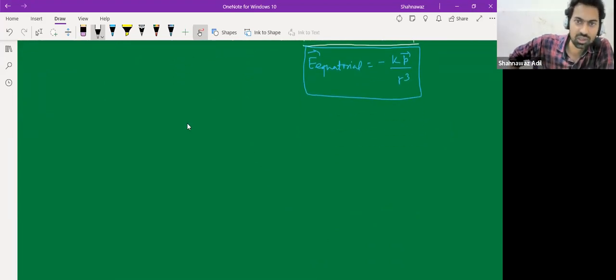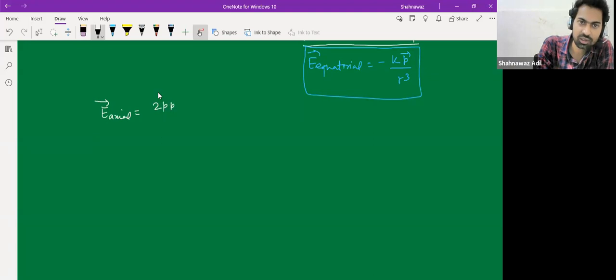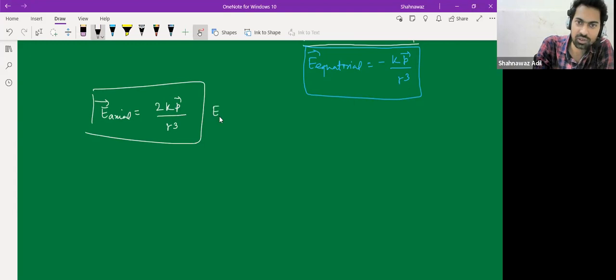Now we know the axial electric field due to a dipole is 2Kp by r cubed, and the equatorial is minus Kp by r cubed.